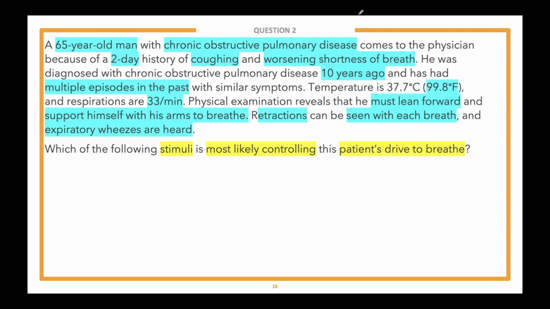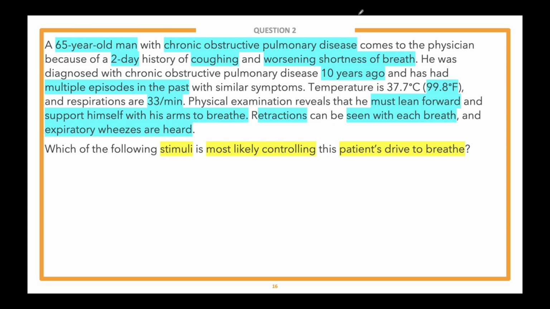One, we've got to figure out what's going on in this patient, what's the condition, what's the issue. And two, in that setting, what would be controlling the patient's drive to breathe?